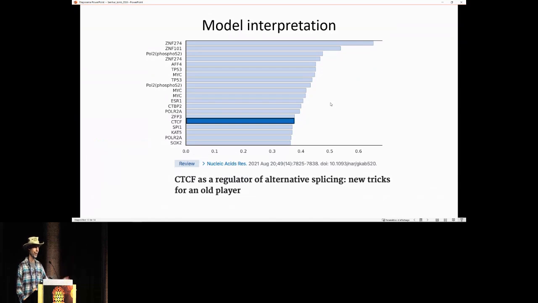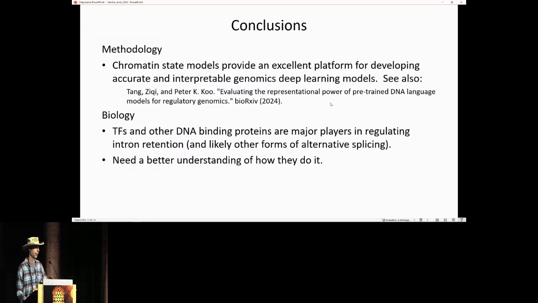There's also everybody's favorite protein, CTCF, which is also known to be involved in alternative splicing. So 9 out of the top 20 are already known to be somehow involved in alternative splicing. So probably some of those other top 20 are worth following up on.